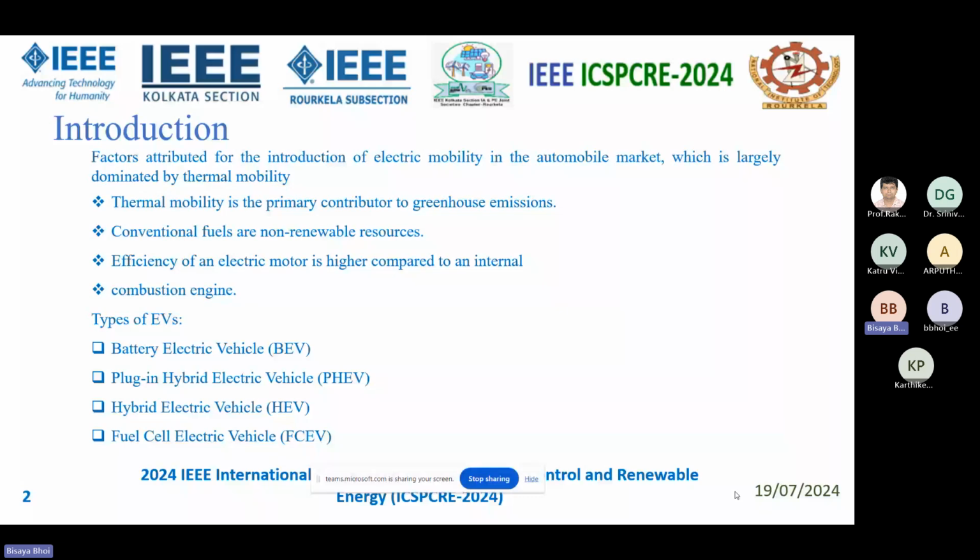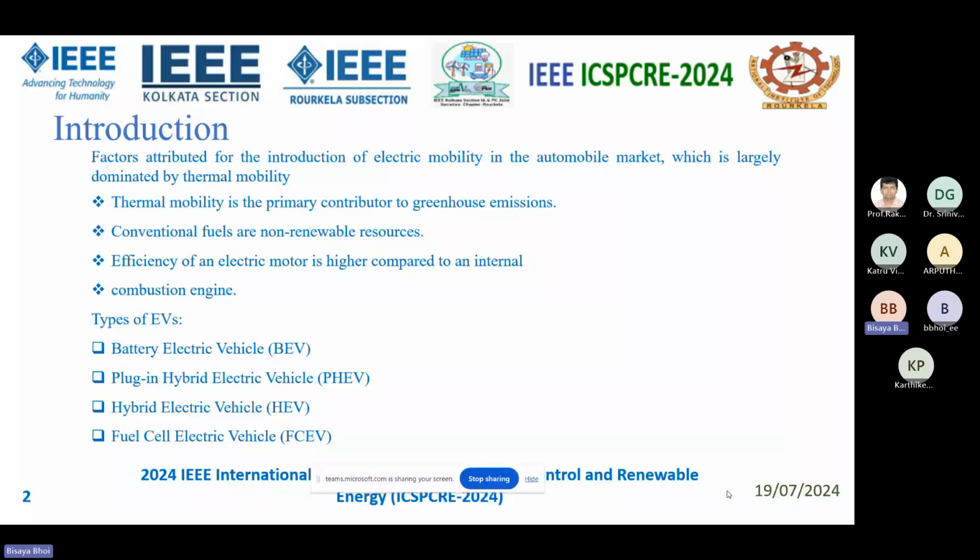The factors attributed to the introduction of electric mobility are that transport is dominated by thermal mobility, and thermal mobility is the primary contributor to greenhouse emissions. Conventional fuels are non-renewable resources, and the efficiency of an electric motor is higher compared to an internal combustion engine. The types of EV we are using nowadays are the battery electric vehicle, plug-in hybrid electric vehicle, hybrid electric vehicle, and the fuel cell electric vehicle.